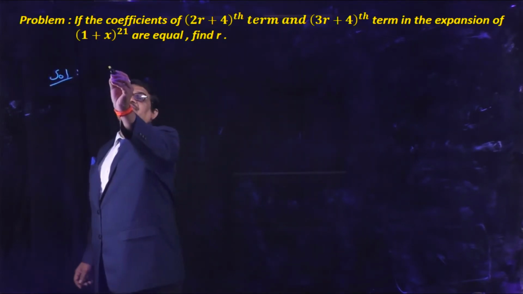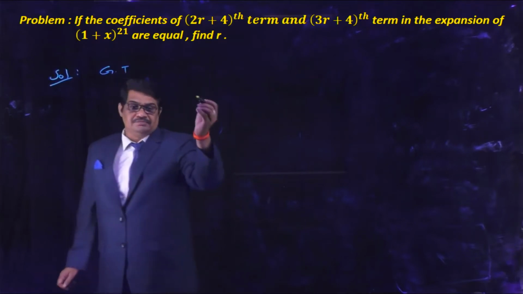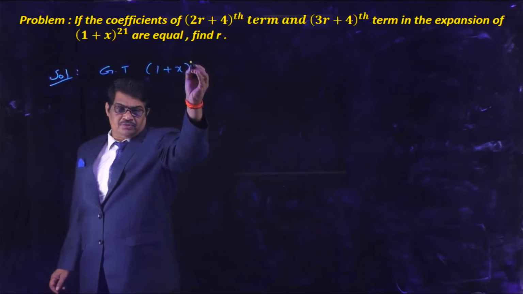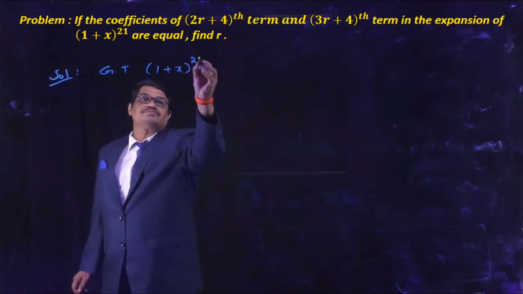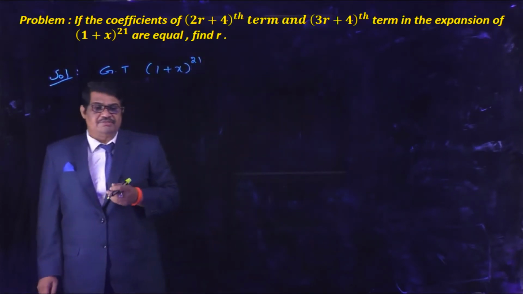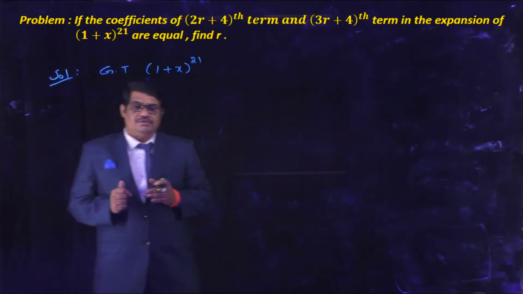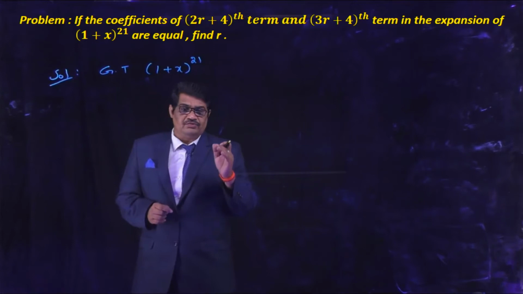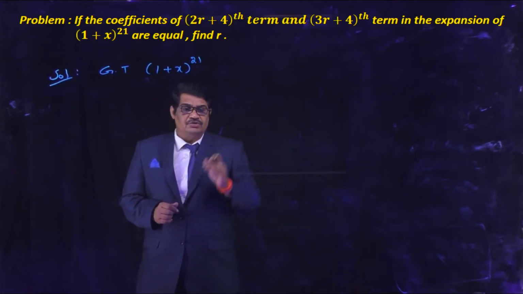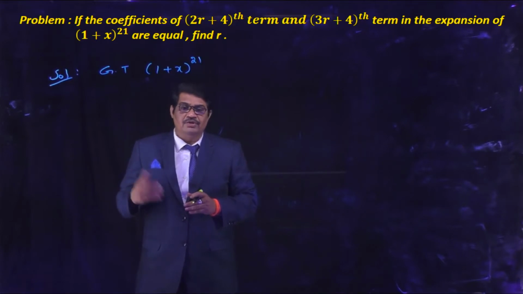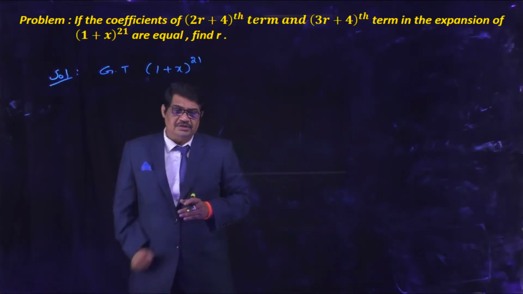Given that (1+x)^21. This is the given expression. We are given that the coefficients of the (2r+4)th term and the (3r+4)th term in this expansion are equal.